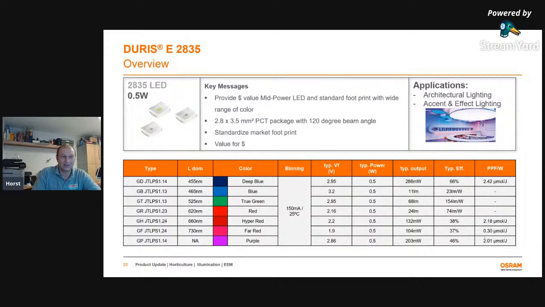But as you can see now, you will also see the difference to the professional solution. When you remember the OSRAM hyper red, we had efficiencies in the range of 4 point something micromole per joule. Now take a look at these combi solutions. Of course, they are interesting, they are low power, but the efficiency is not comparable. But for consumer applications, for the herbs in the kitchen and so on, it's the perfect match.